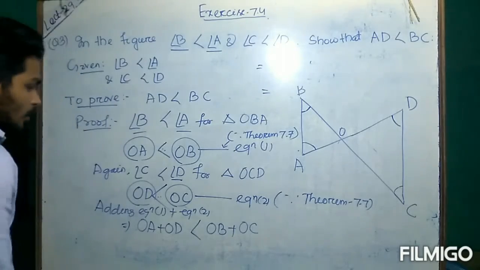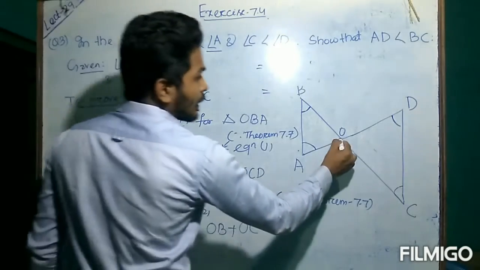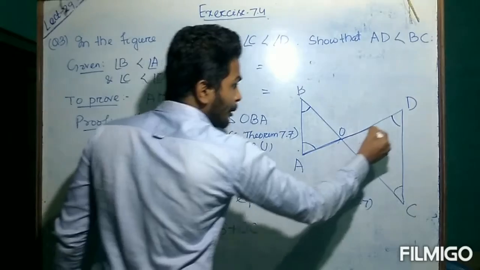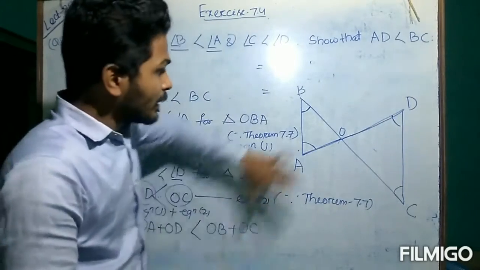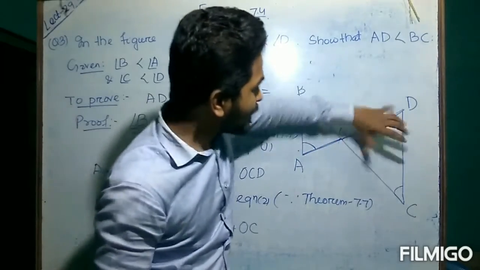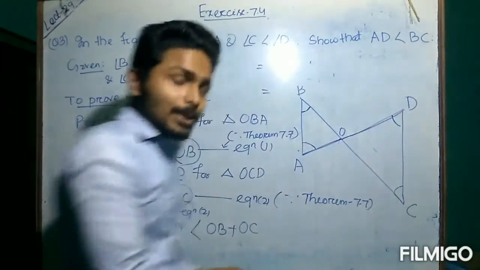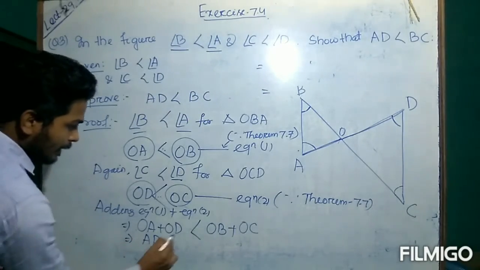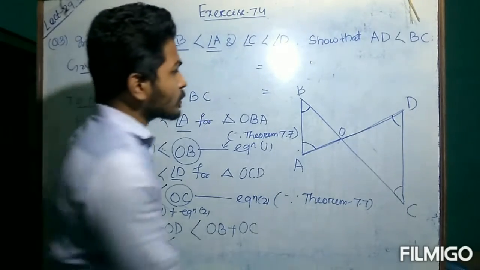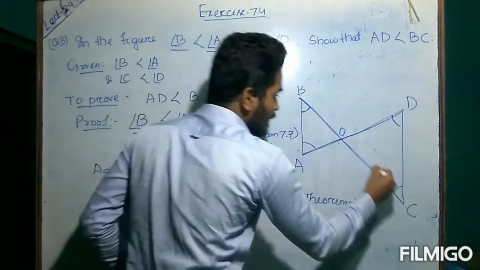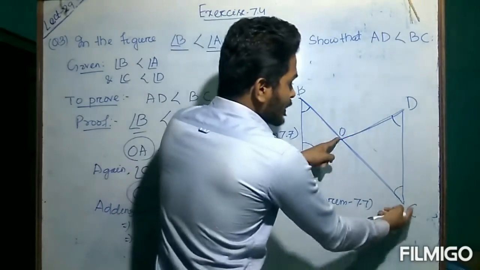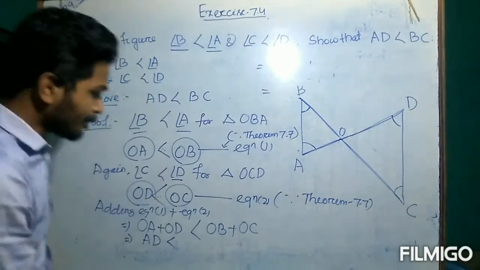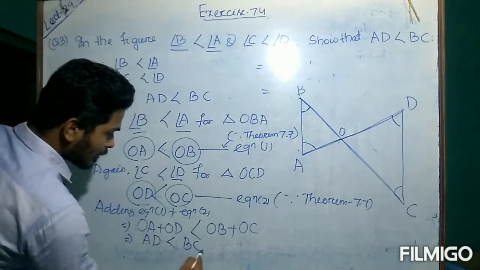So OA plus OD. OA plus OD means what? This distance plus this distance means the total distance AD. So in place of OA plus OD we can directly write AD. Then less than OB plus OC. This one plus this one means the total distance BC.